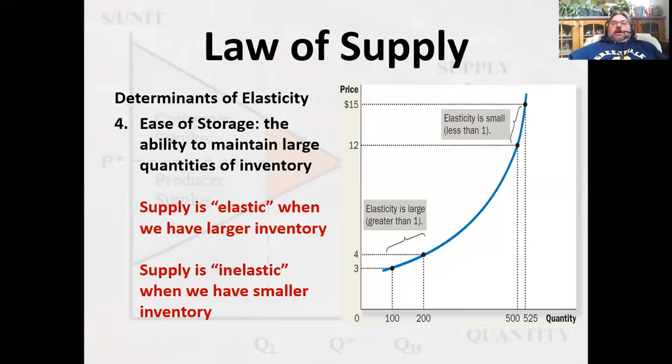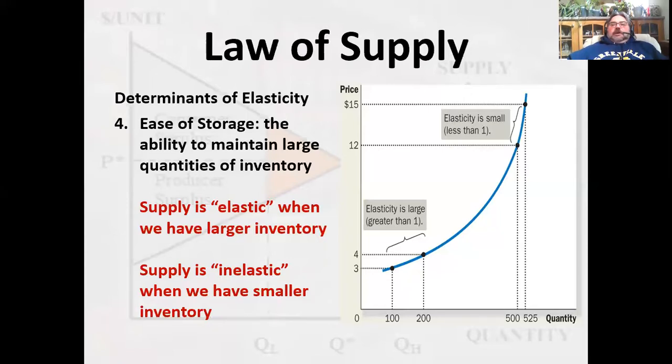But when we talk about large inventories, obviously, if I have a lot of warehouse space and I'm producing something that is easily warehoused for extended periods of time, when there are changes in demand, it doesn't impact me much.